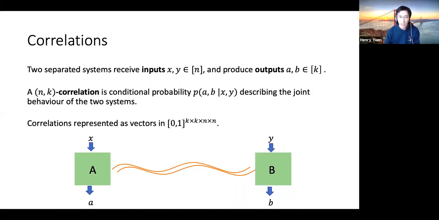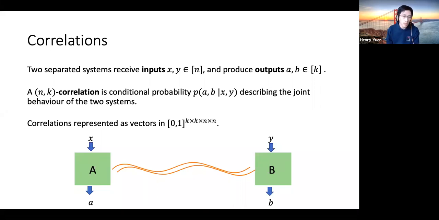These correlations can be represented as vectors in real space. In this talk, we should think of these boxes as being very far from each other, so they cannot communicate or send signals. The question that people are interested in is, what types of correlations are physically reasonable?